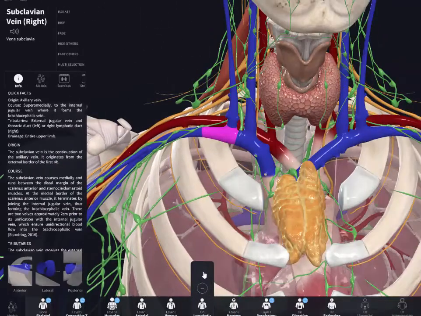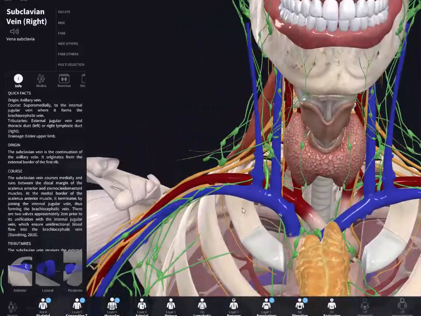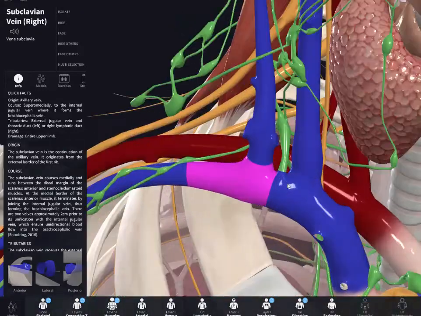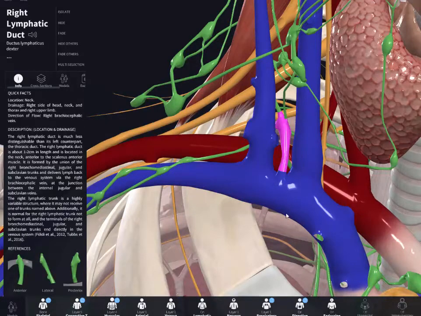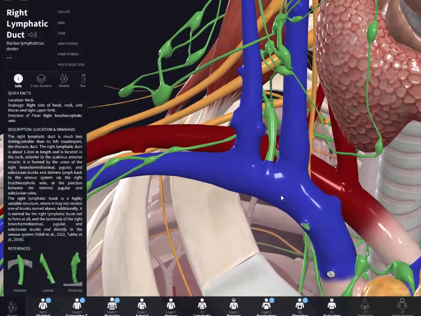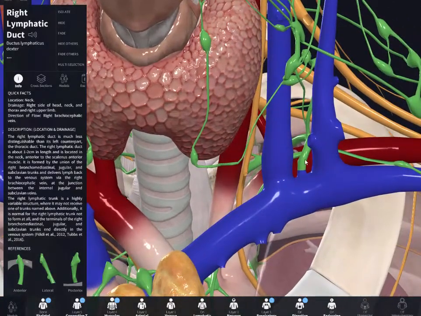So if I add in the lymphatics here, you can see it becomes instantly very, very busy. But what I'd like to point out are two important structures here which we can find joining the right and the left venous angles. On the right side, this is called the right lymphatic duct. And on the left side, it is called the thoracic duct, right?